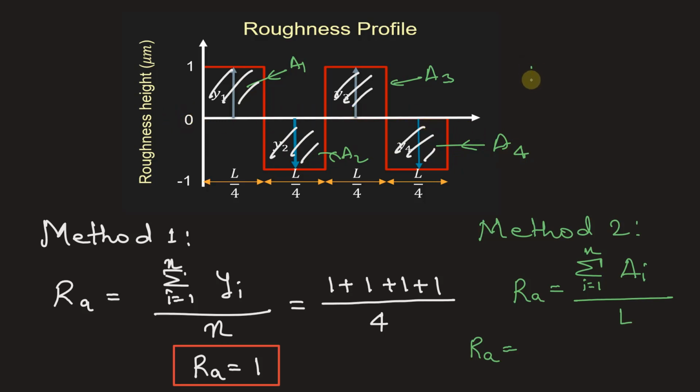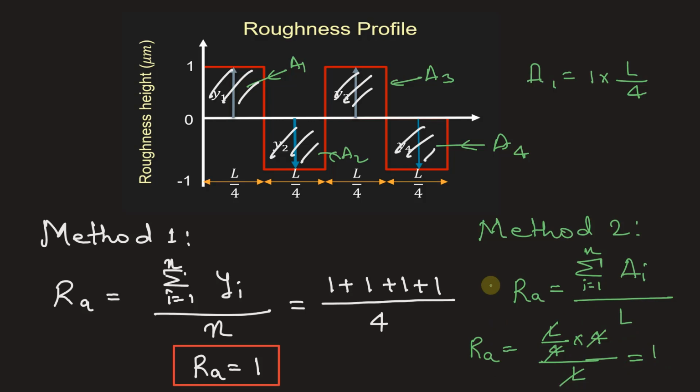A1 will be equal to 1 multiplied by L by 4, and similarly A1, A2, A3, A4 are all L by 4. So we write L by 4 multiplied by 4, since all 4 profiles have equal area, divided by the total length L. Here we can cancel out the 4 and the L as well. So this will give you 1.